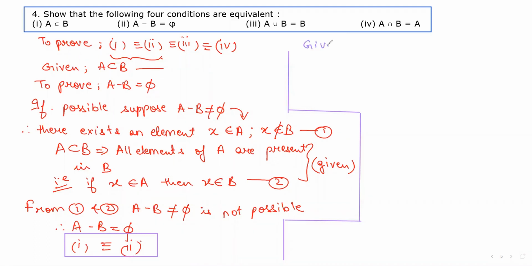So here your given part would be A is a subset of B, and with this you're supposed to prove that A union B is equal to B. So when you say that A union B is B, with A union B, you can say that okay, we'll go with this method.